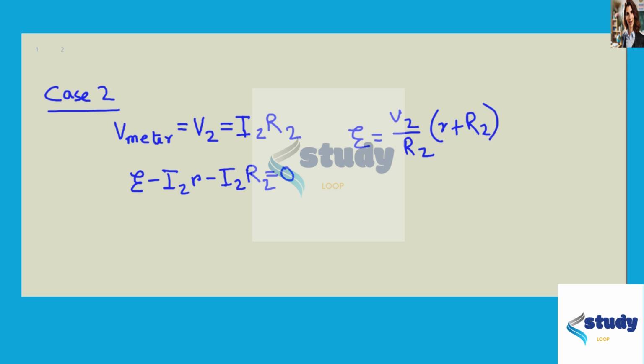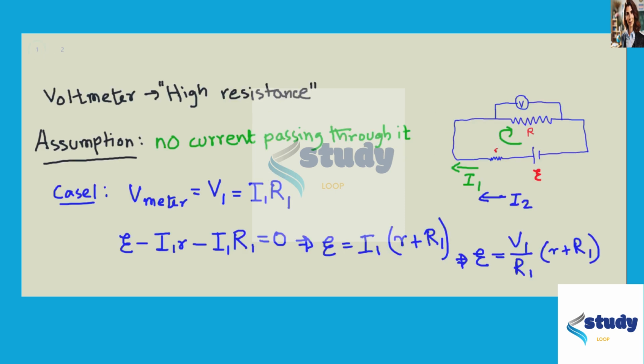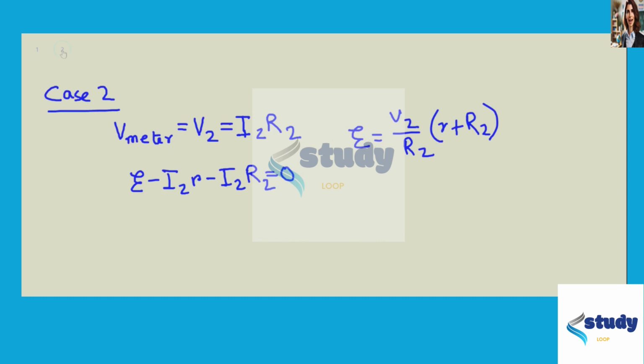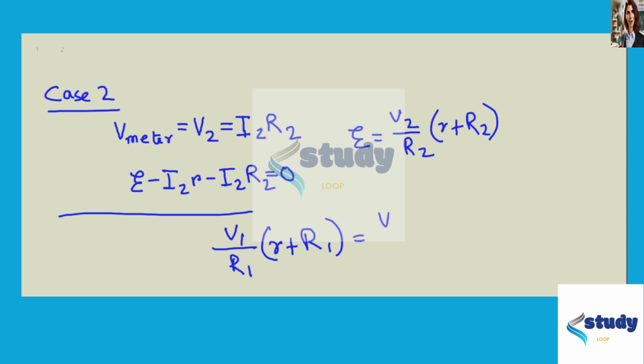If we take this expression from the first case and equate it with the second, we have V1 over R1 times r plus R1 equals V2 over R2 times r plus R2.